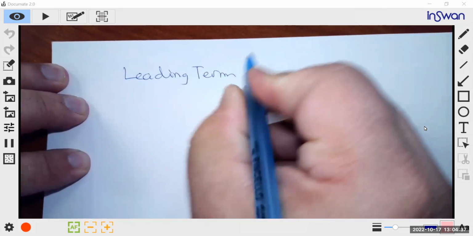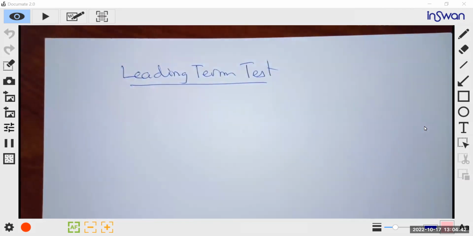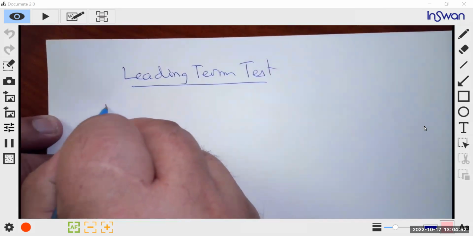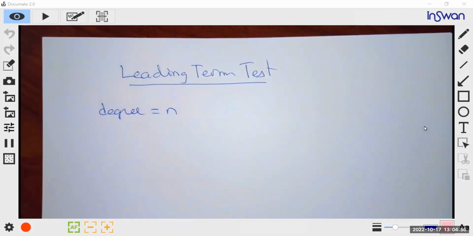The leading term test. Remember, the degree, we call it n. So let's say this is an nth order polynomial. That's the degree of the polynomial.